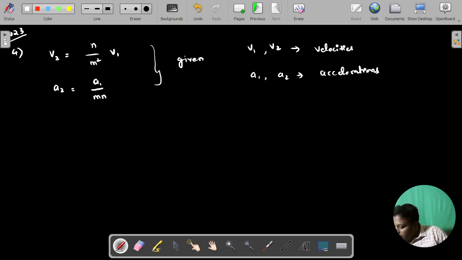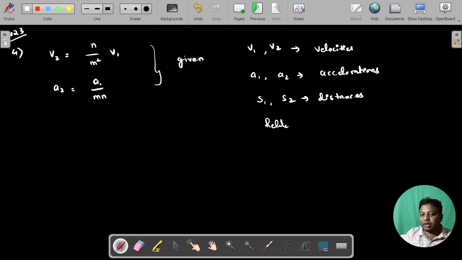Okay, so what they want is we have to relate S1 and S2 dimensionally. S1 and S2 represent distances. So we have to relate S1 and S2.